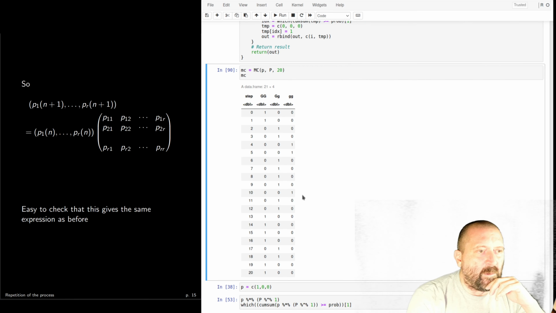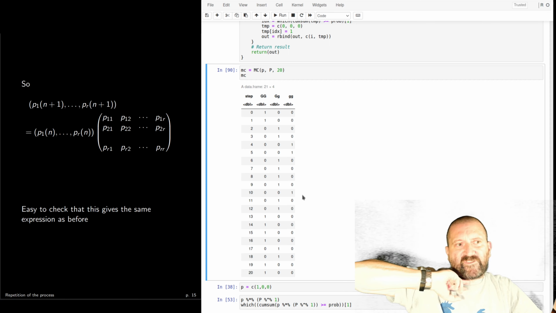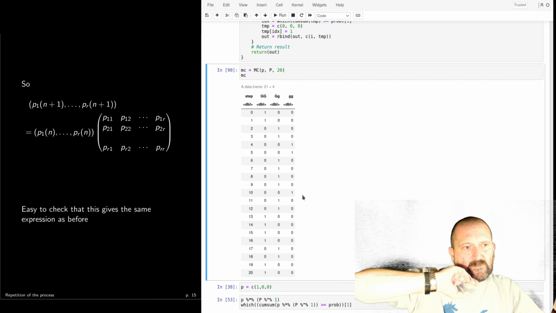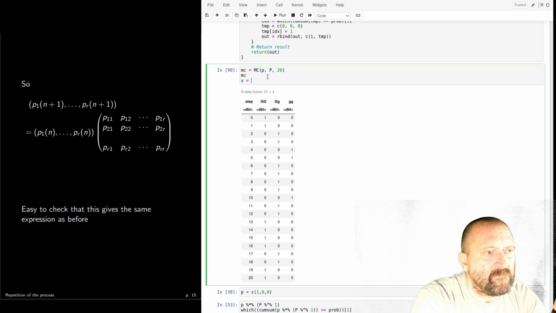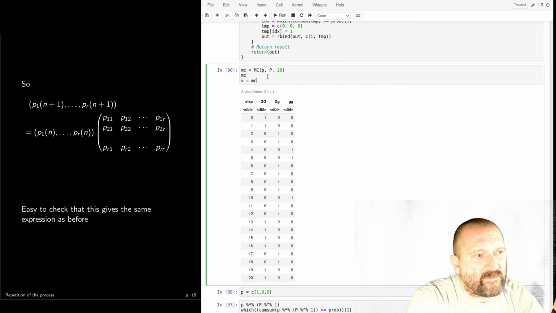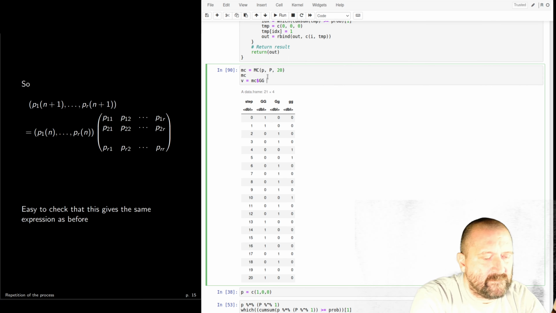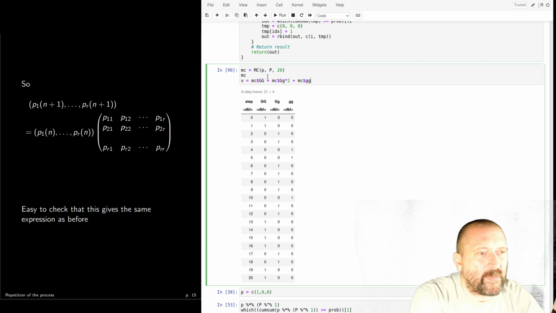the position, that's easy. I can make a vector, let's call it V, in which I'm going to take MC of GG and multiply it by 1, and add to that MC of G little g and multiply it by 2, and add to that MC of little g, sorry, and multiply it by 3.